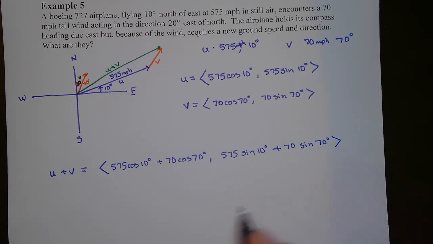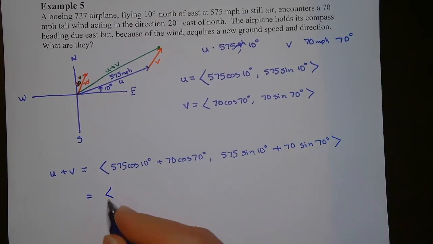Then we could put that in our calculator. And this vector, the approximation, and we'd want to store it, is 590.206.